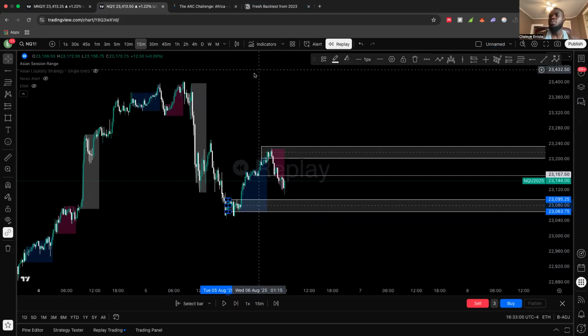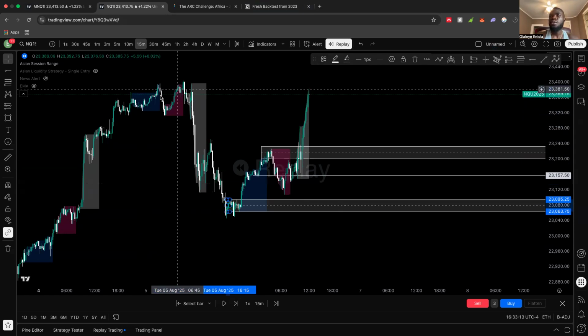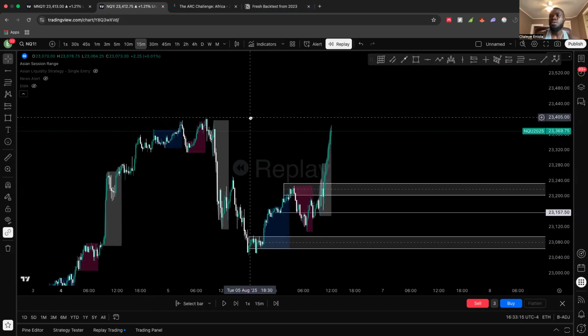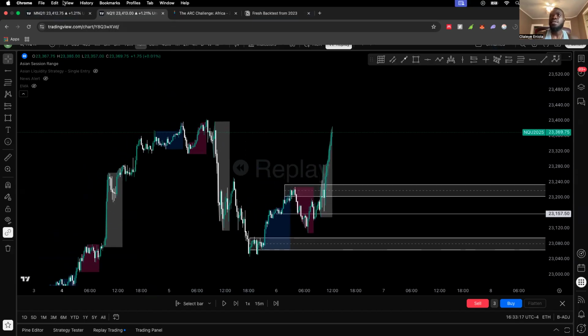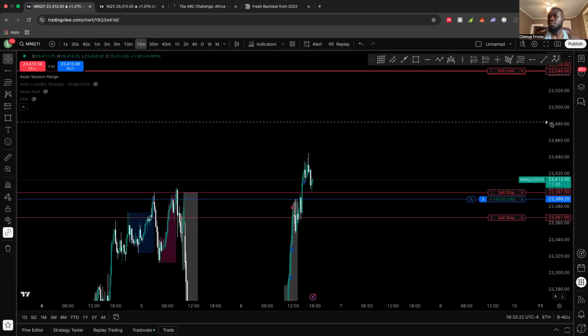It just pushed up and continued the movement upward, and even broke this structure here, after which I just decided to enter for a buy. And the position is still running.